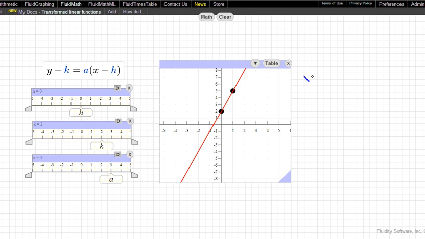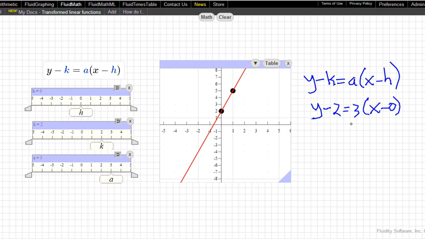So if we start with y minus k equals a times (x minus h), and we substitute in the values for this particular case, we'll get y minus 2 equals 3 times (x minus 0), which is equivalent to y minus 2 equals 3x.